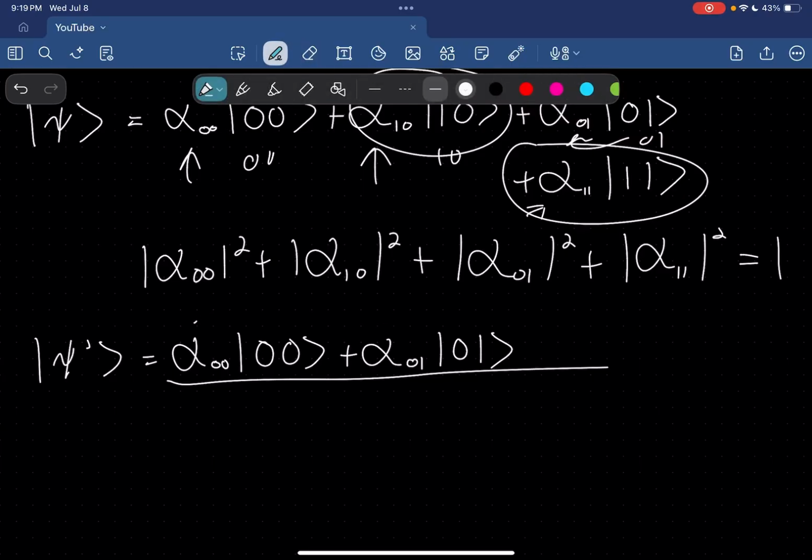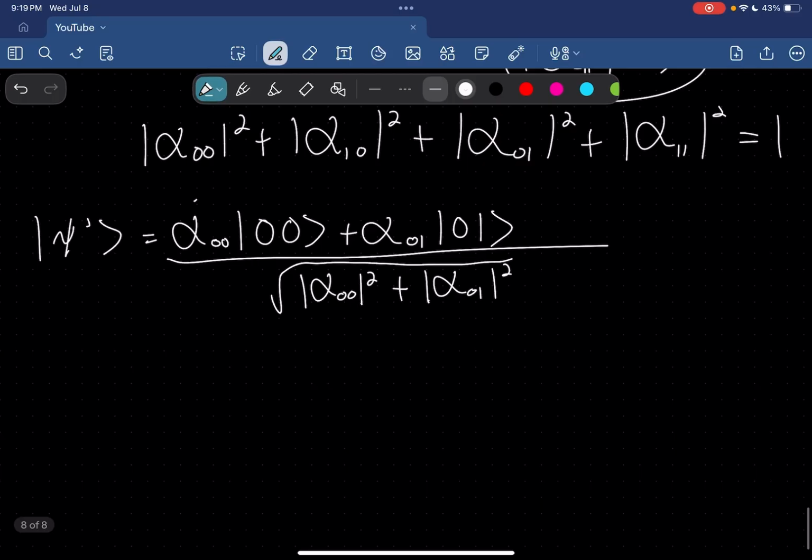So we're just going to divide by their cumulative magnitude, as so. An example of this would be the canonical Bell state.